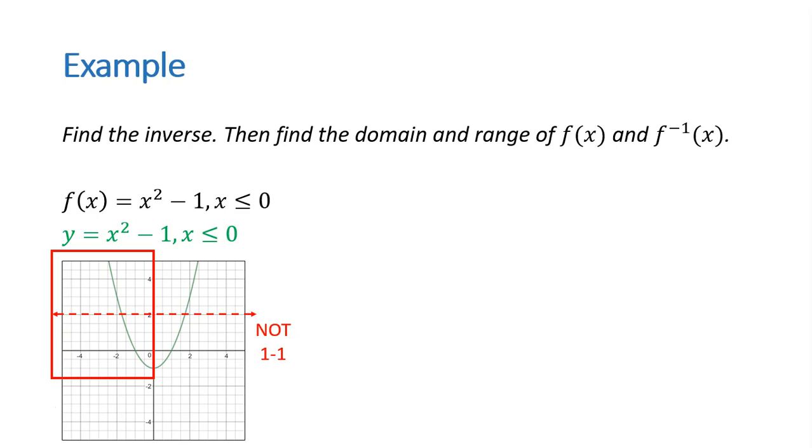The reason we're allowed to do something like this is because we're not really throwing anything away that we needed, in the sense that we're not throwing anything away that gave us a unique y value. Notice if we just keep this half of the graph, we have every single possible y value for our function. If we kept the right half as well, we'd be getting duplicate y values, duplicate function values.